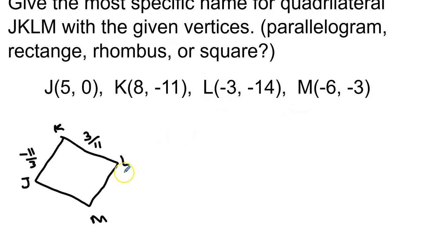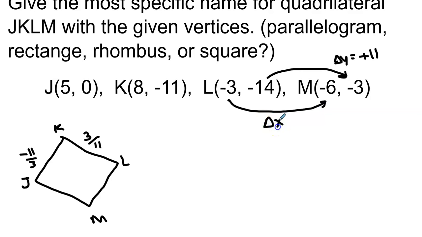Let's get the slope of LM. The change in Y is negative 14 to negative 3. That's plus 11. And from negative 3, the change in X to negative 6 is minus 3. So our slope here is 11 over negative 3, or just negative 11 thirds.